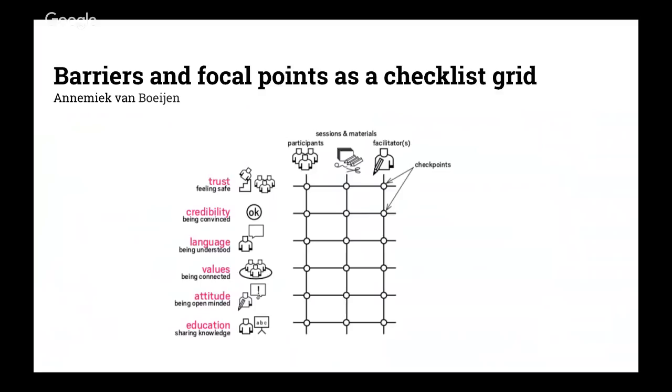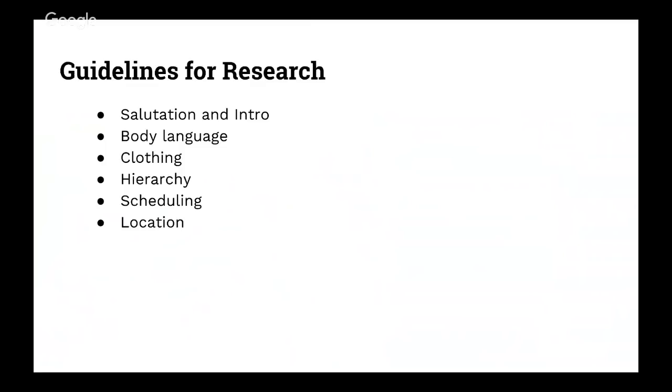On the left, you can see the different barriers that she discovered, like trust, credibility, language, values, attitude, and education, that can come up. On the top, you see the different focal points, which are the participants, session materials, and facilitators, and that can help you to check all these in this grid, to make sure that you have solutions to cover these problematics.